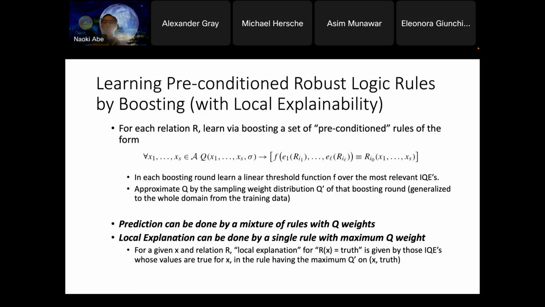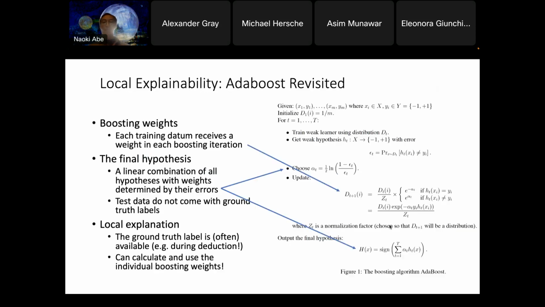And the way we propose to do this is by leveraging the individual boosting weights in the boosting algorithm. If you recall how the AdaBoost algorithm works, the individual weights for the examples in the training data get updated depending on whether mistakes are made on each of those examples.